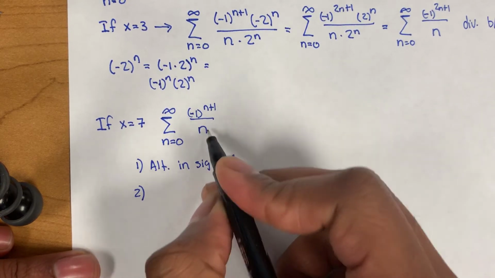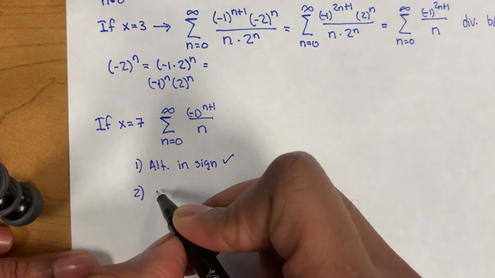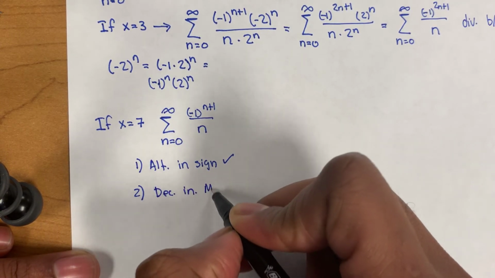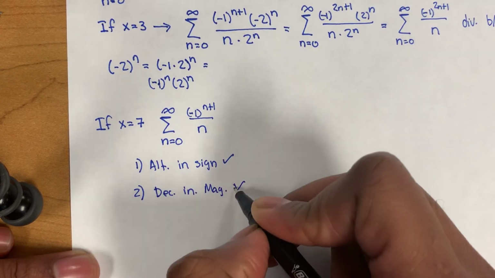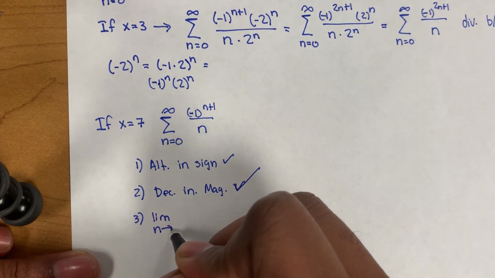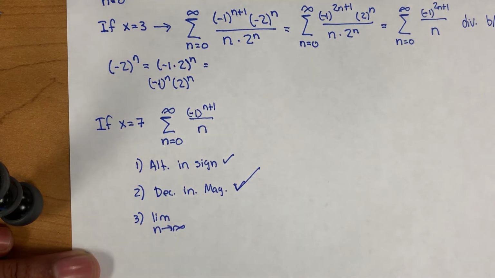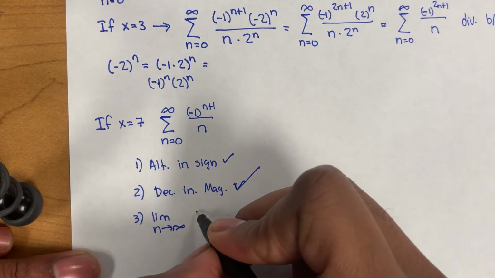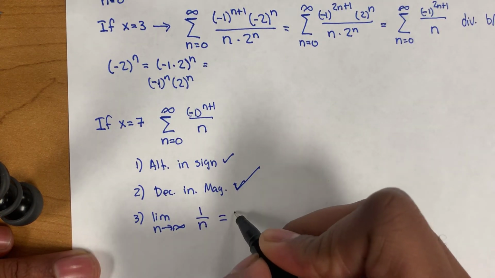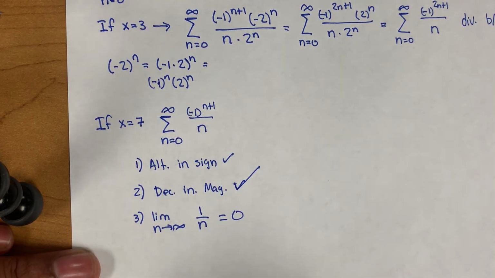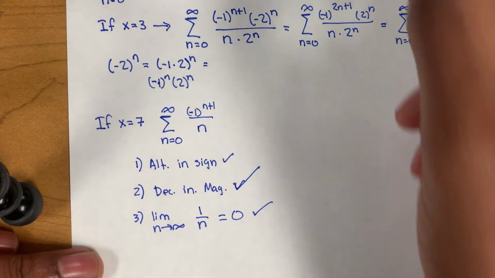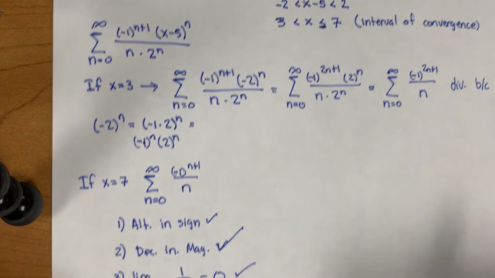The answer is yes. The third thing is, is the limit as n approaches infinity of 1 over n equal to 0? And the answer is yes. So this series does converge, and so we're going to add that in.